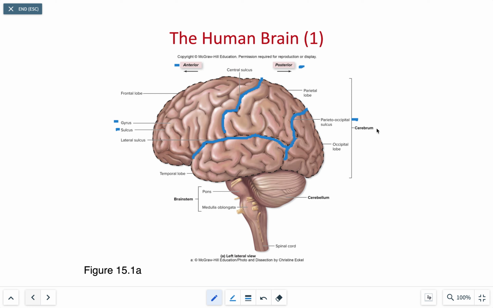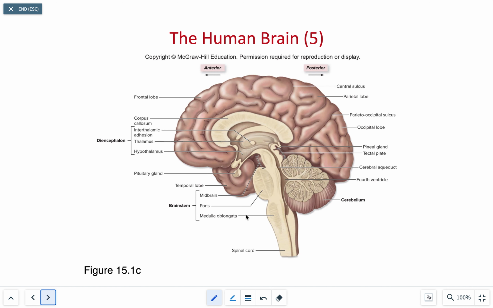As I mentioned, the cerebrum encases all the four different lobes or regions, then there is the cerebellum, which works in conjunction with the cerebrum, and finally the brainstem. The cerebrum is the outer surface of the brain.